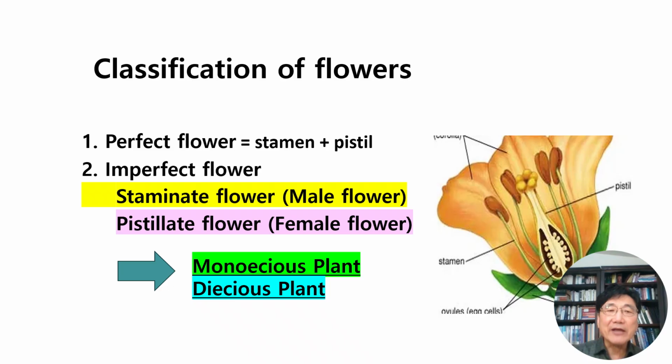When male and female flowers are on the same plant, it's called monoecious. But when they are on different plants, it's called a dioecious plant. Additionally, let's look at the other case in the next slide.